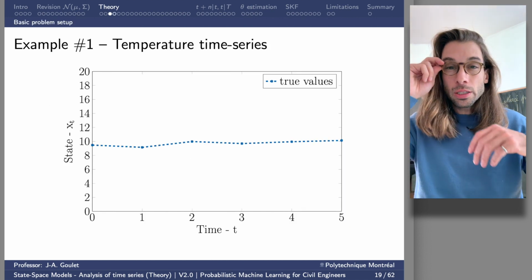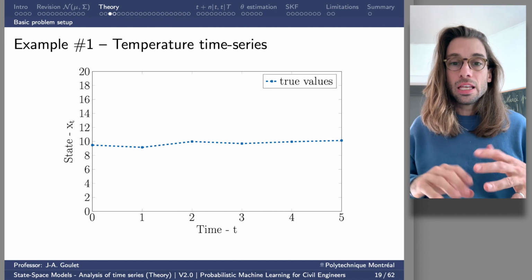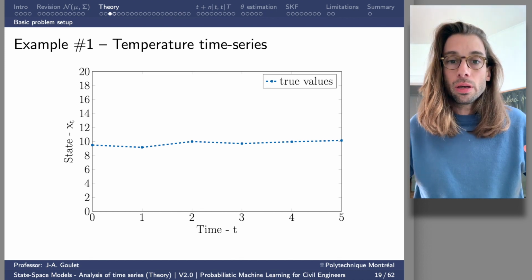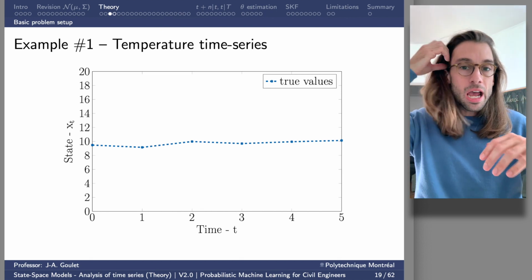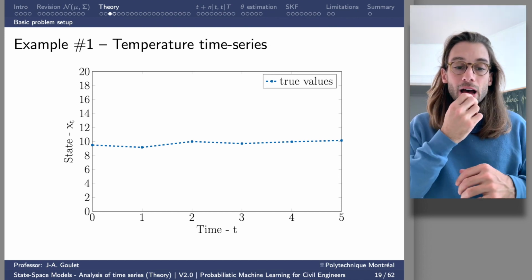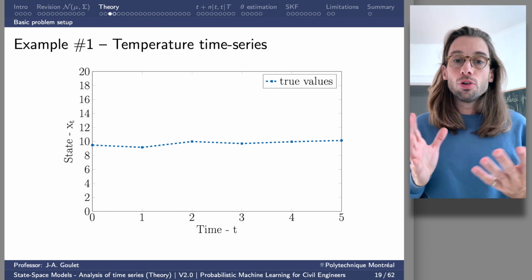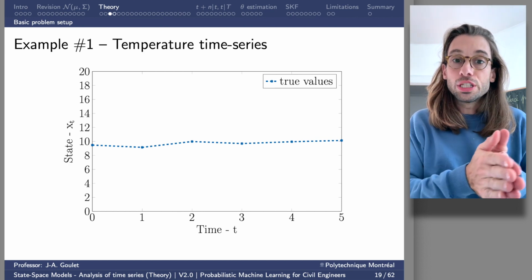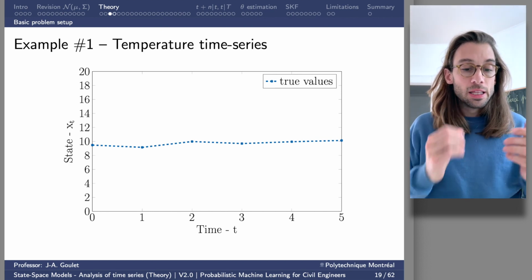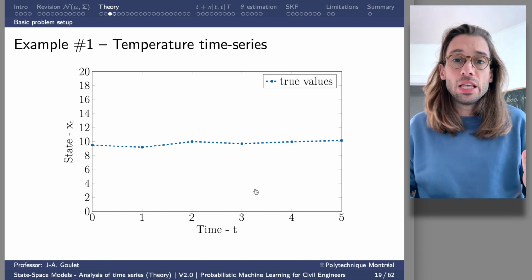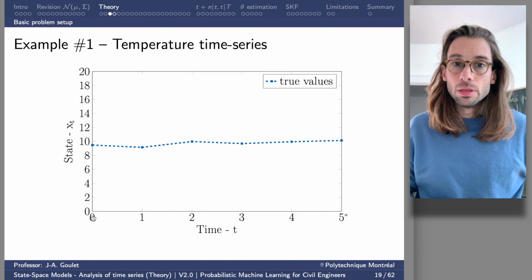Okay, so the first contextual example we're going to look at is going to be bare simple. Imagine we're trying to estimate over time the actual temperature in a room. So let's imagine that in that graph, the horizontal axis is time, let's say in hours, from now until 5 hours in the future.